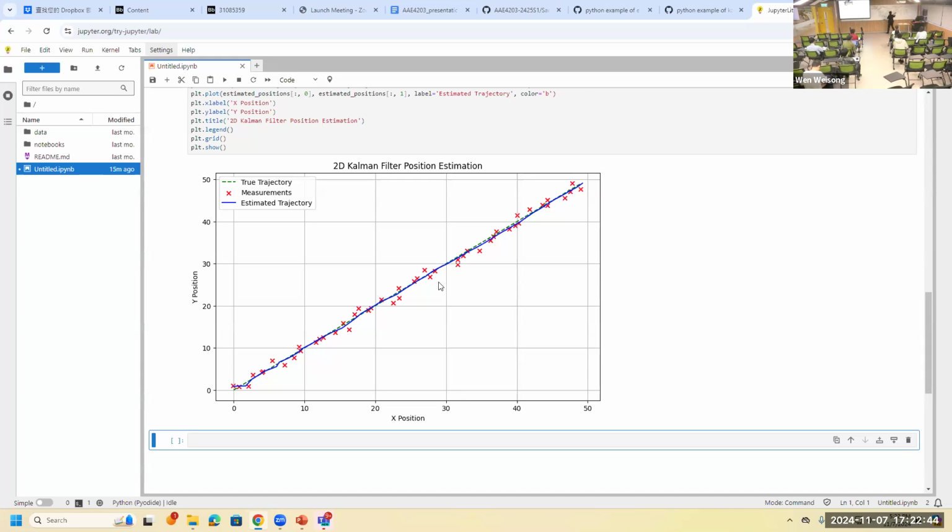Because in this case, the measurement from GPS is in the same domain as your states. For example, the GPS is XY, and your state is also XY. So the H here is an identity matrix because they are in the same domain.